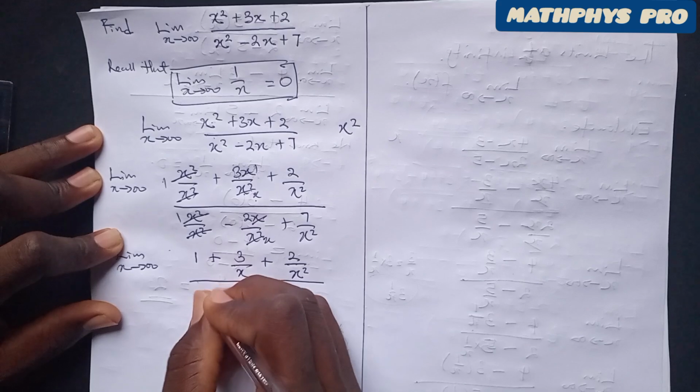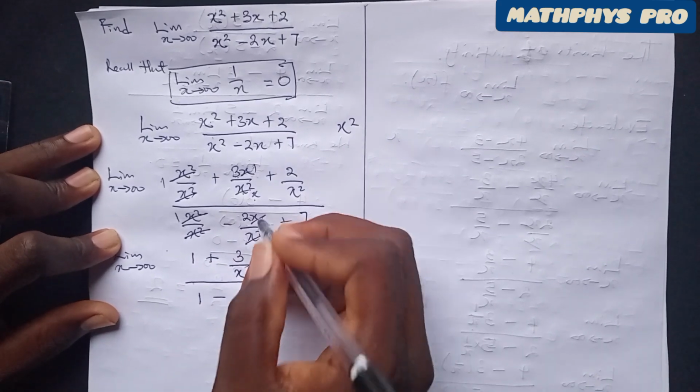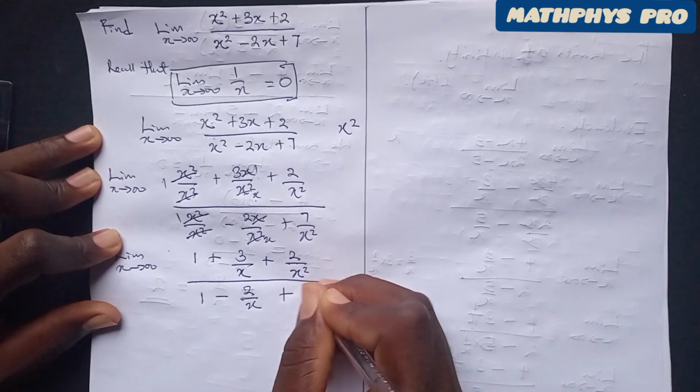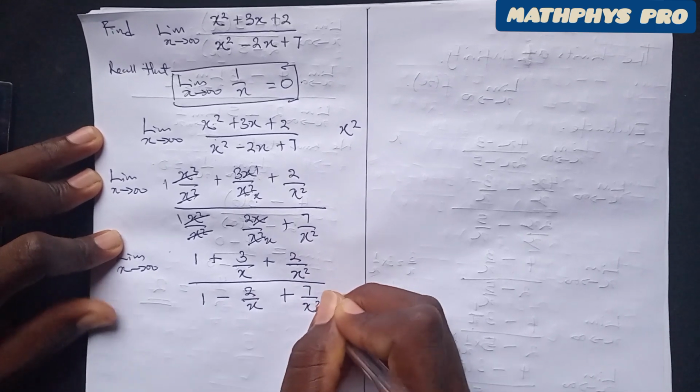So for the denominator we have 1 minus 2 over x plus 7 over x squared.